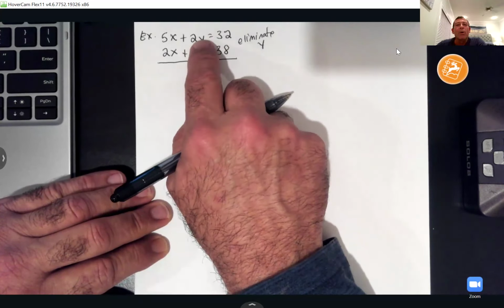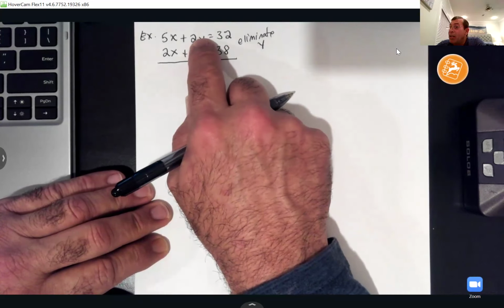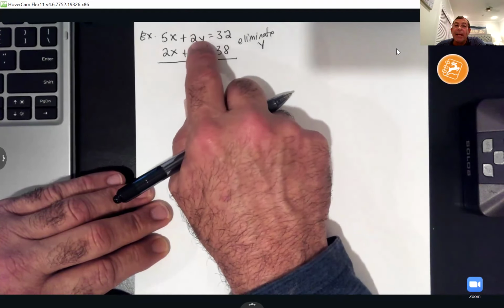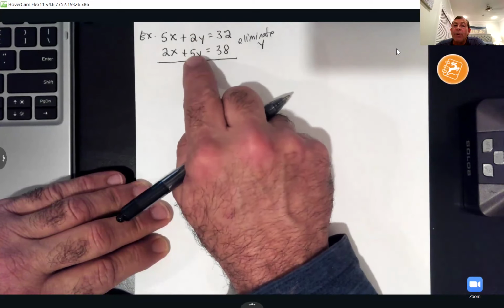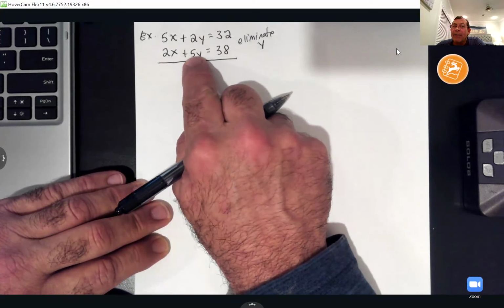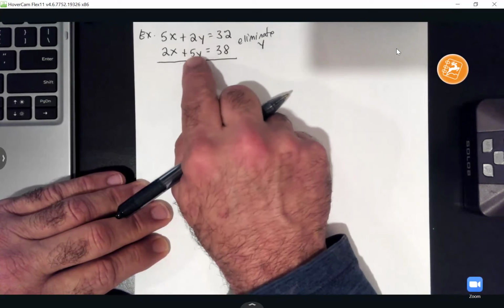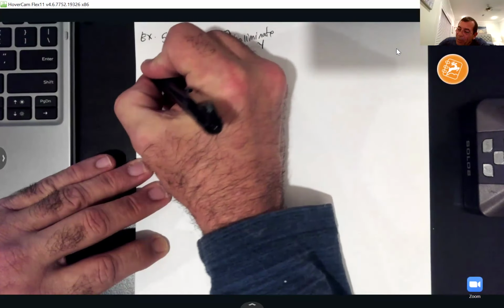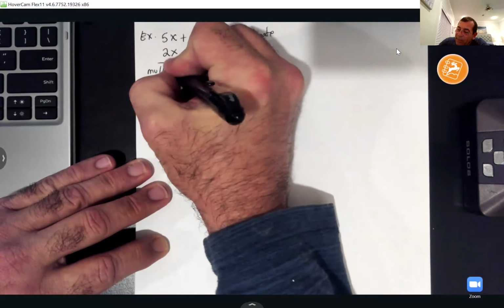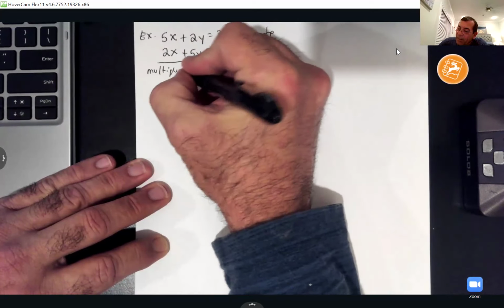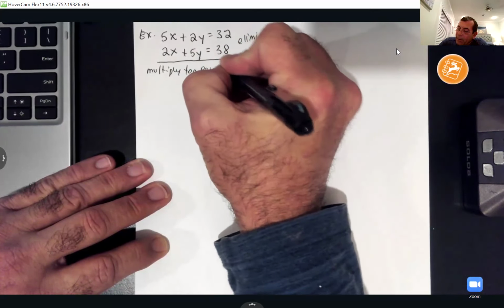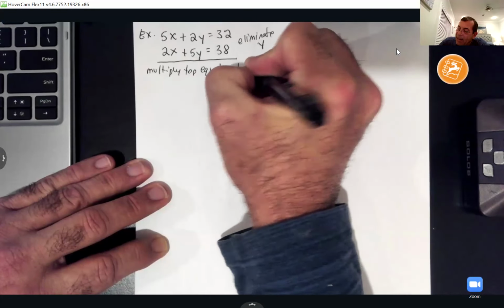So I'm going to multiply this row by, I guess, a +5. That'll give me a +10 there. If I make that a +10, what are you going to multiply this 5 by? Negative. There you go, because you got to have them cancel. So let's see. Multiply the top equation by 5.